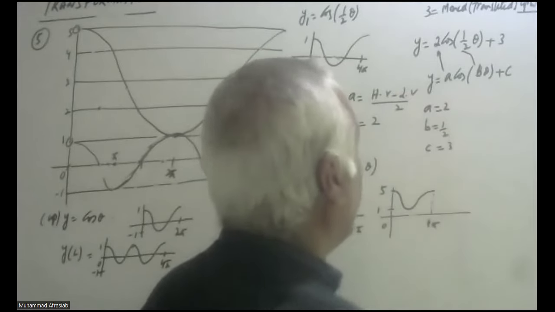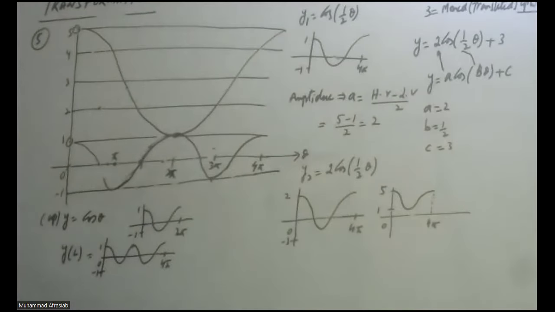So this is the complete solution of this problem, when the upper curve is translated from the lower curve by using the combined transformations. Then it would be equal to 2 cos of half theta plus 3.